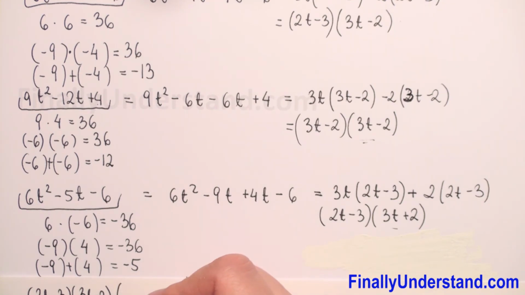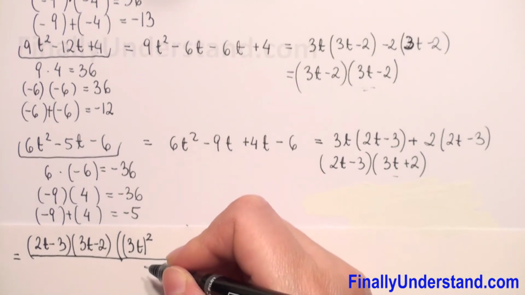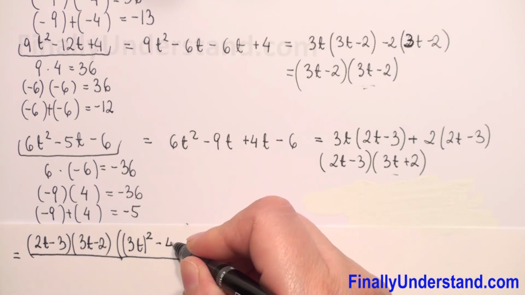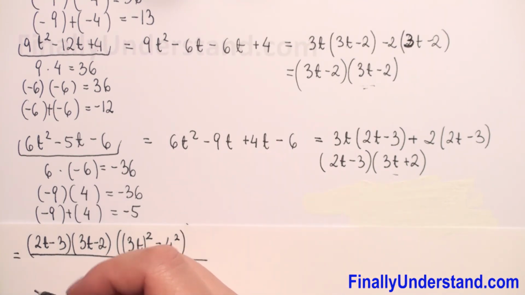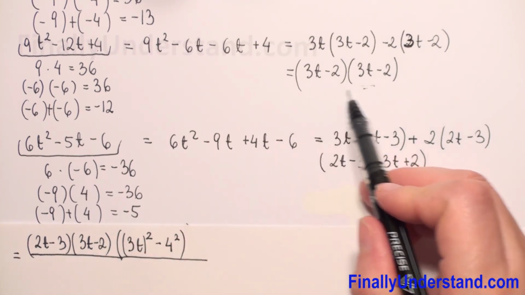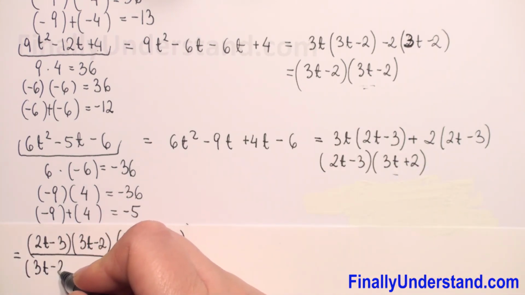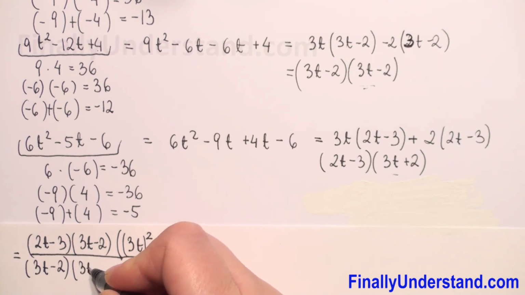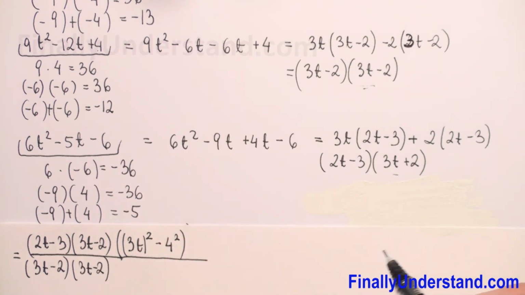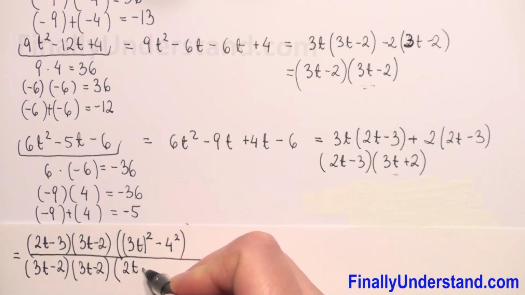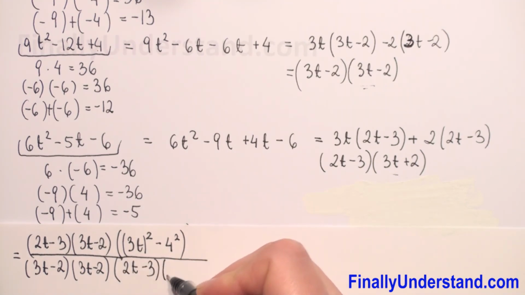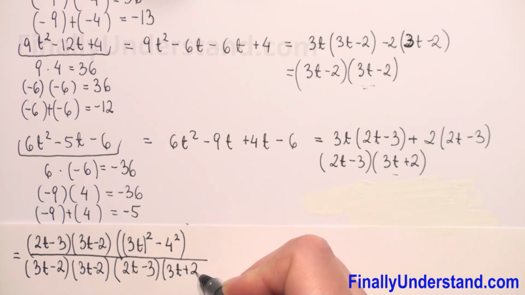Next we will rewrite 9t squared, that this is 3t to the second power minus 4 to the second power, and in the denominator the first expression will be 3t minus 2 times 3t minus 2, and the last is 2t minus 3 times 3t plus 2.